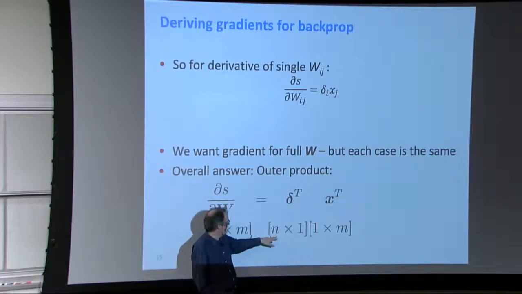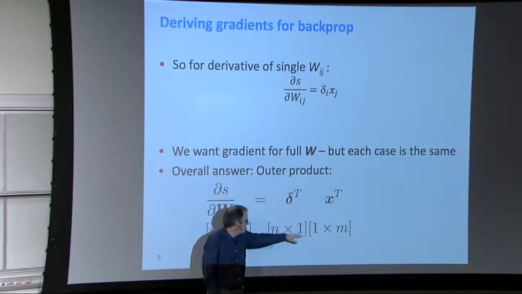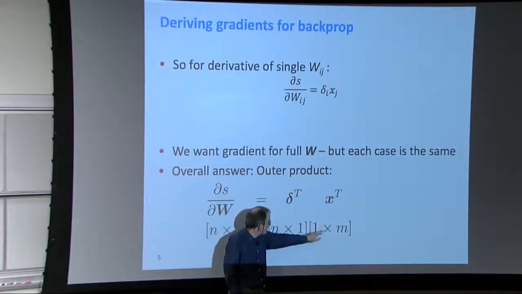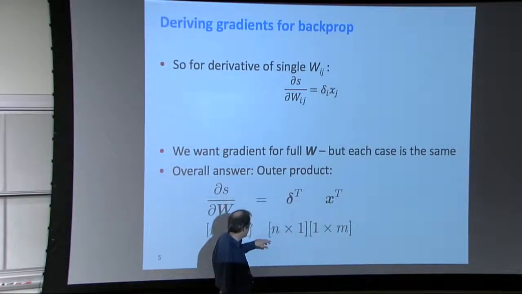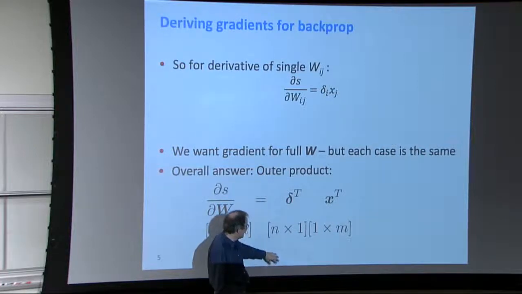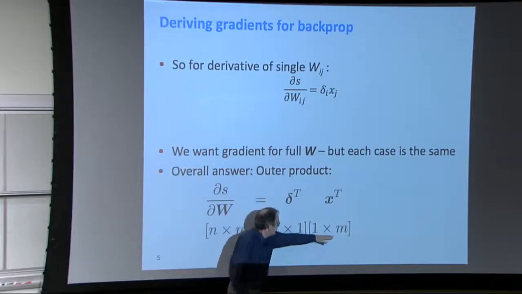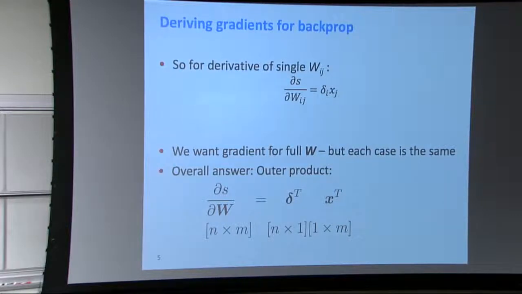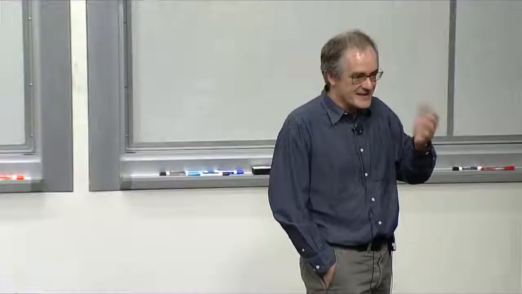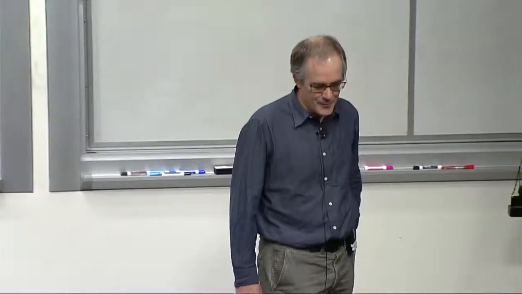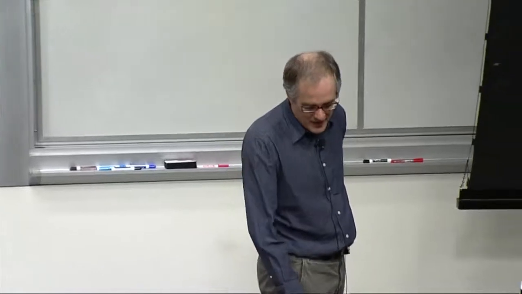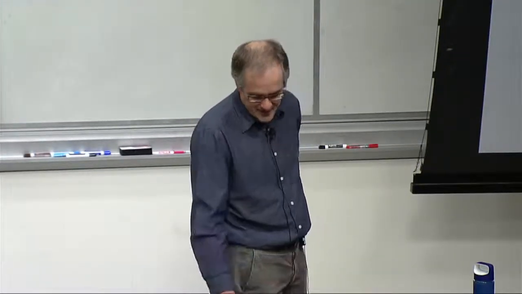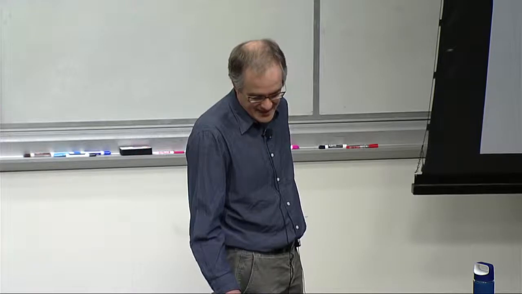If we have a column of the delta error signals from above, and we have a row of the X transpose vector, when we multiply those together, we get the outer product, and we get delta i xj in each cell, and that is our Jacobian answer for working out the delta S, delta W that we started off with at the beginning.